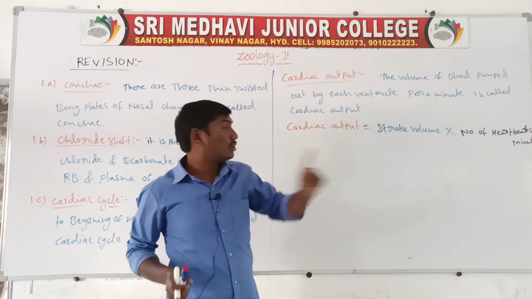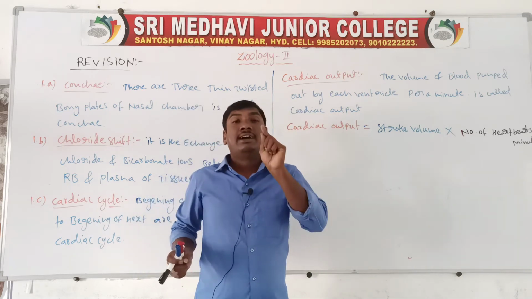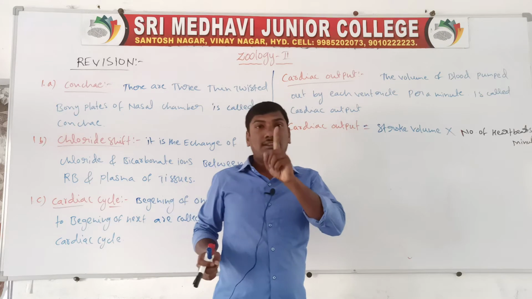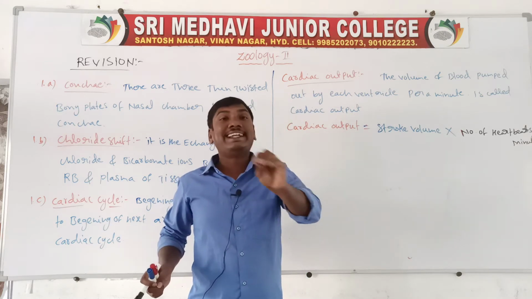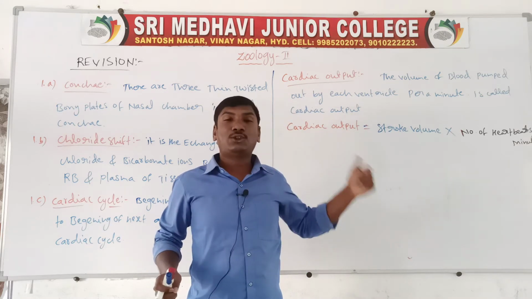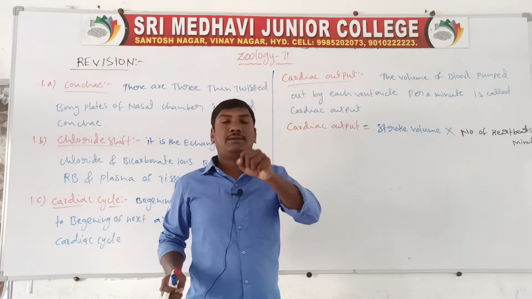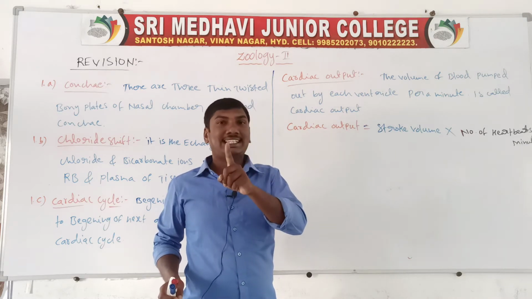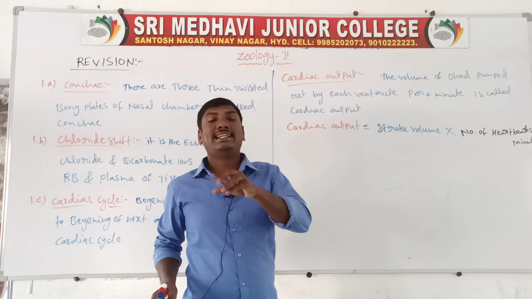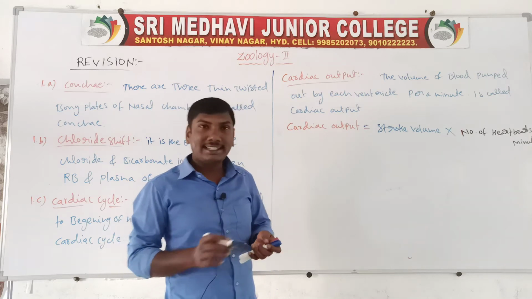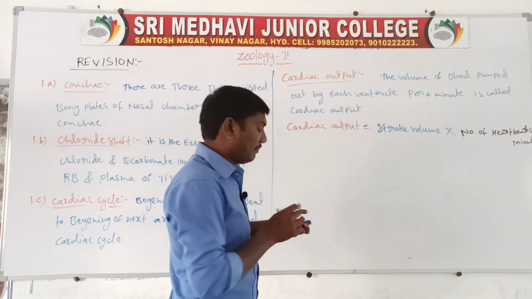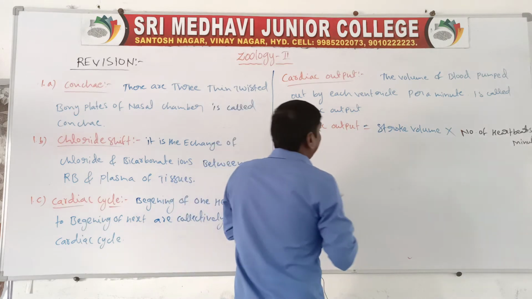Stroke volume means the blood pumped by the ventricle in one heartbeat, one cardiac cycle. In a healthy person it is about 70 ml.